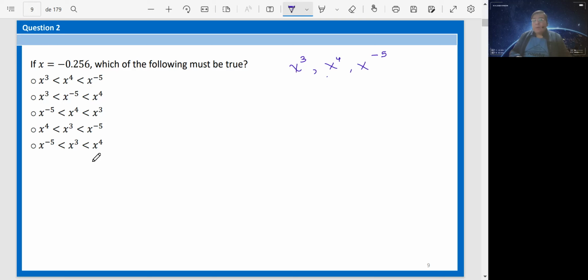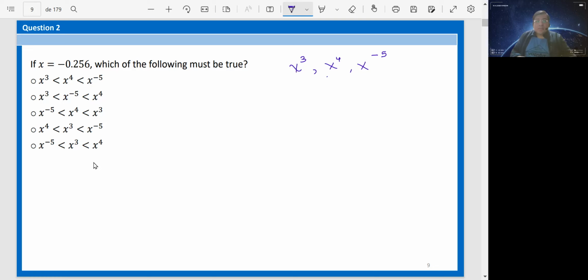What do we know about real numbers that can help us choose the correct answer? Let us first identify what type of real number we are talking about here. What type of number is x?